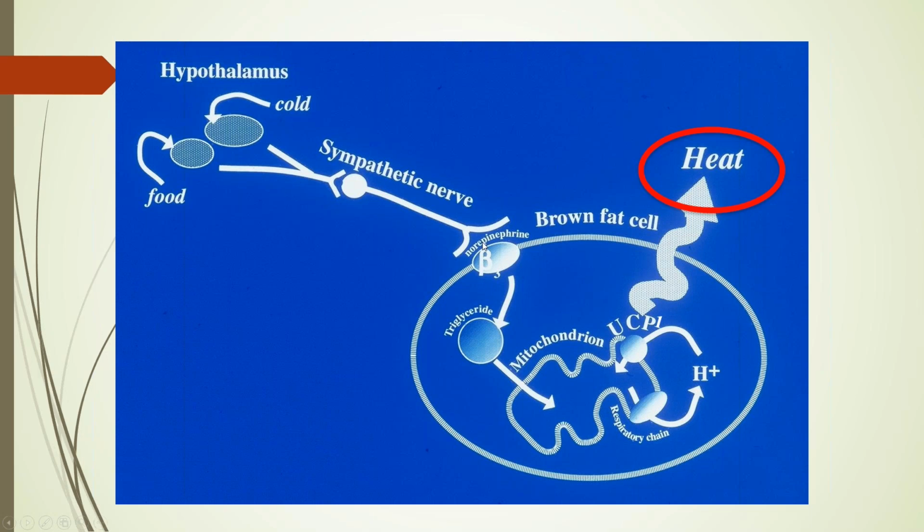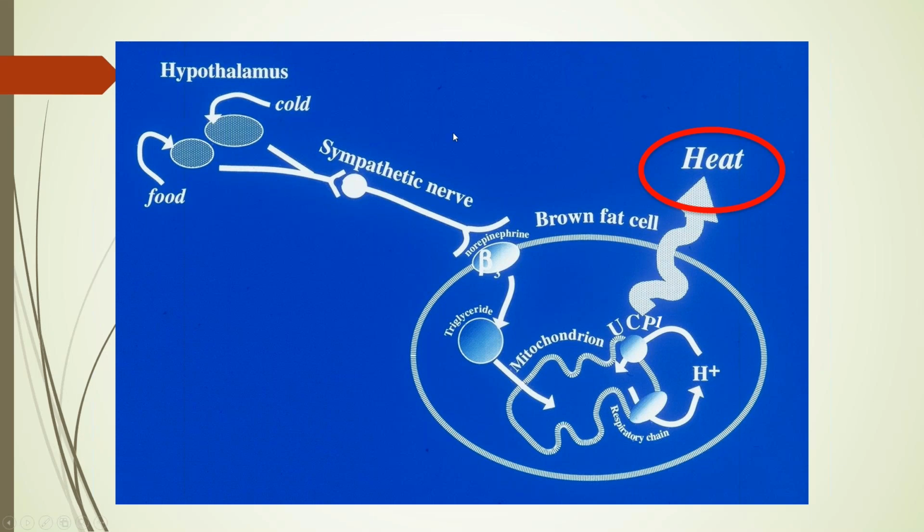Now, if you remember the hormones, this belongs to the amine class of hormones. Epinephrine, and this is very close to epinephrine, is called norepinephrine. They are the same class of hormones, and they bind to G-protein coupled receptors.